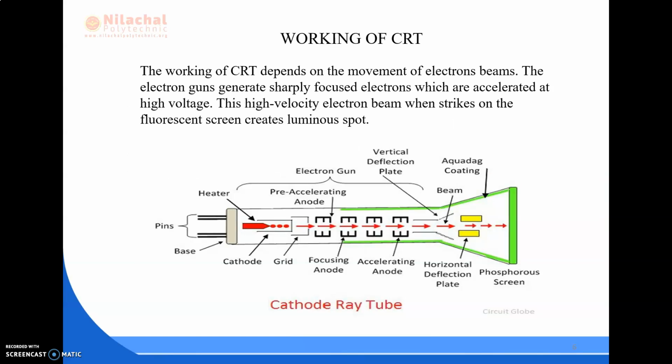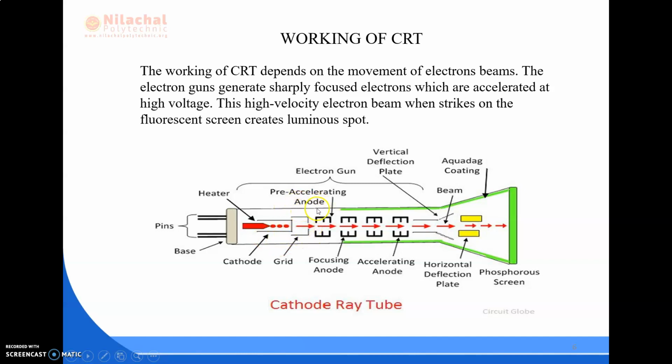So let's see the working of CRT with the CRT diagram. Let's first discuss the diagram, and according to this we will be discussing the working principle. Here we have two pins and there is one base. The cathode with a heater is present there. There is a grid.